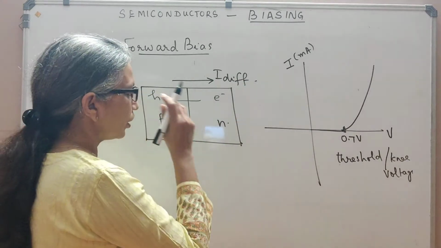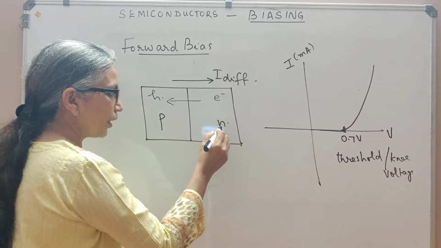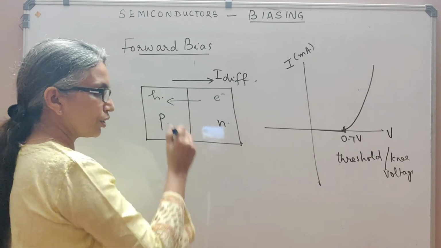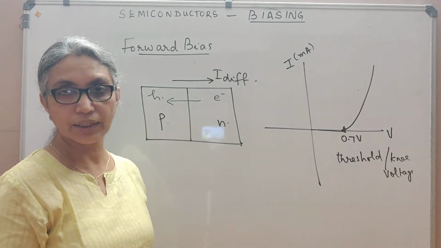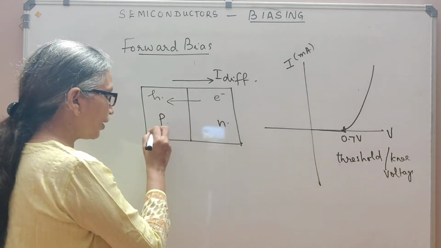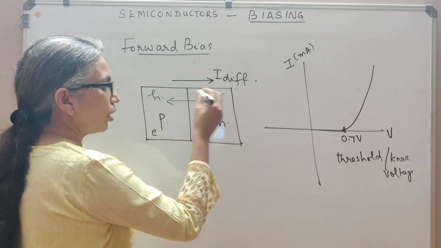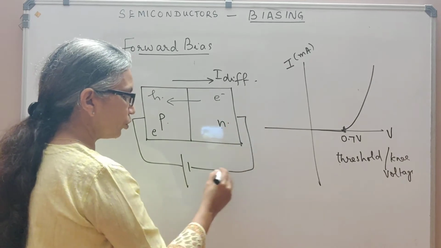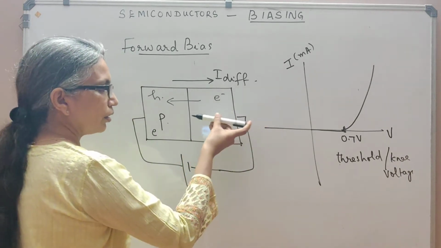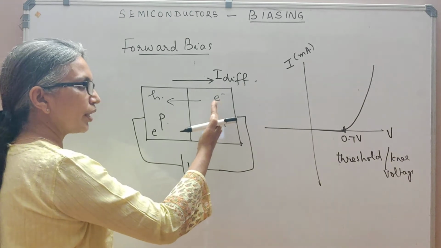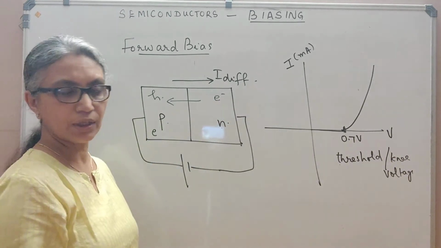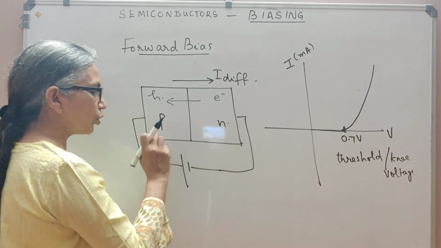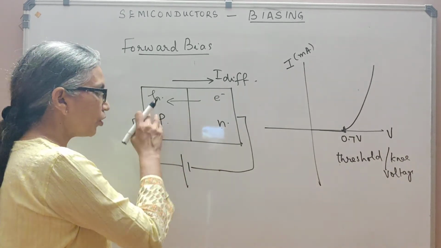Okay. Now, as the electrons cross over from the N side to the P side, they are being injected into a region where they are the minority carriers. So under forward bias, the majority carriers are crossing over the junction, and when these majority carriers from the N side enter into the P side, they are minority carriers there.